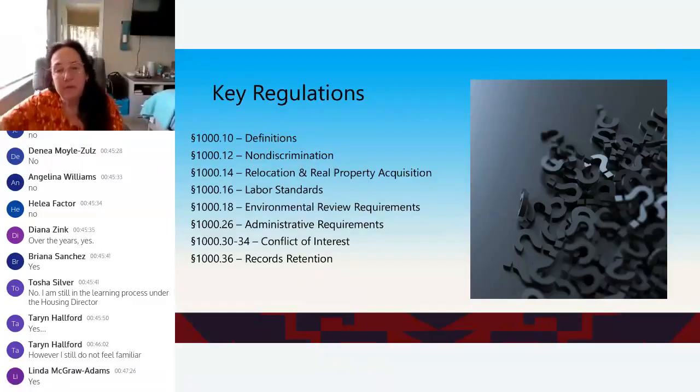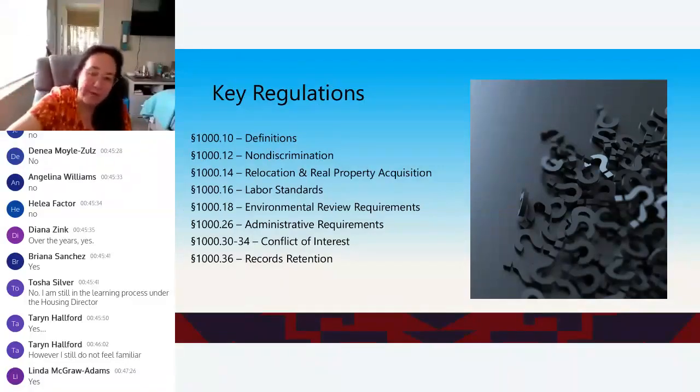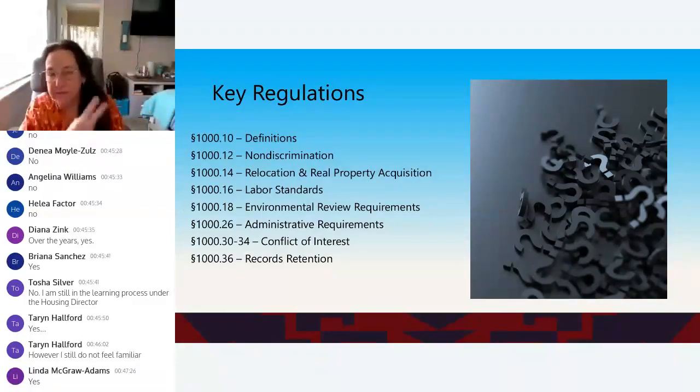The key regulations: like I said, if you see that 1000 and a number followed by it, that means you go to the regulations found in your reference materials under reference material 2. Your definitions are under 10. Your non-discrimination is under 12. Relocation and real property acquisition, those are laws we have to follow, under 14.